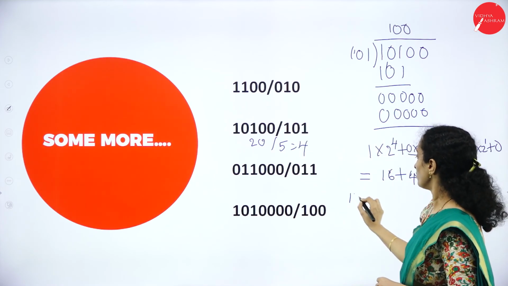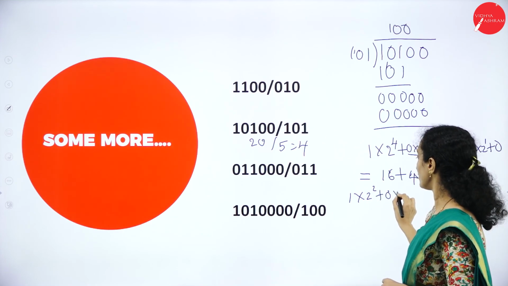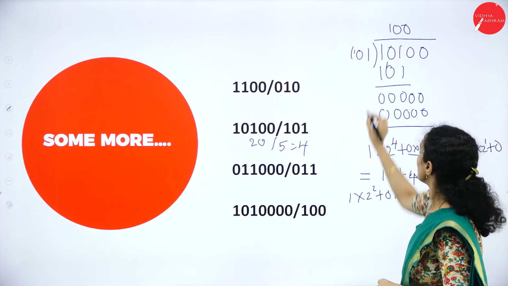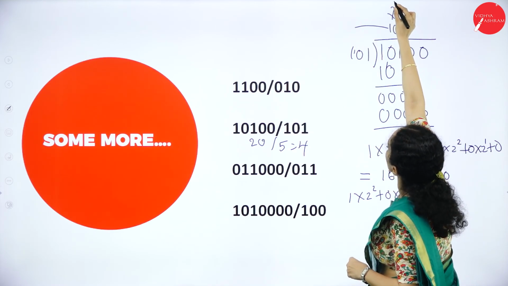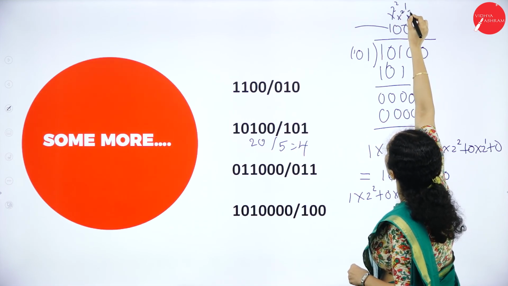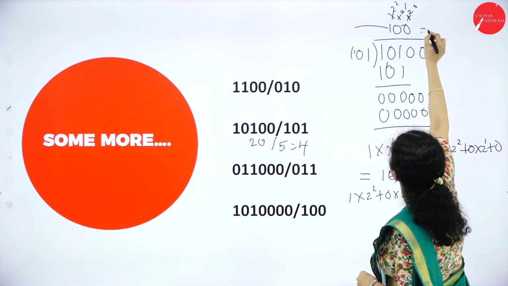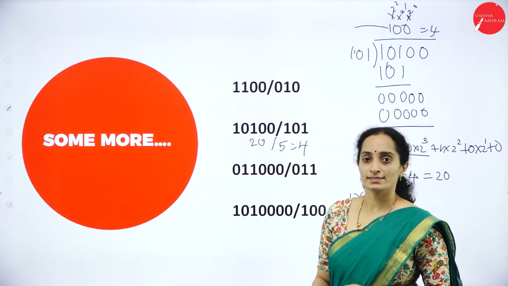The quotient is 1 into 2 to the power of 2 plus 0 into 2 to the power of 1 plus 0 into 2 to the power of 0, which results in 4. So 20 divided by 5 equals 4.